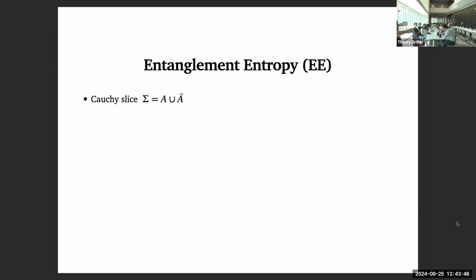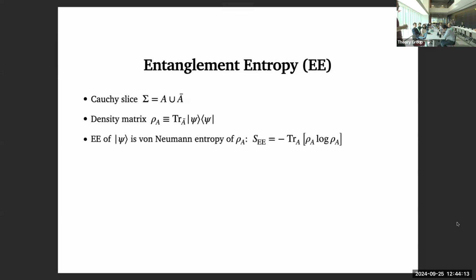You can split it into some subregion A and then some complement A bar, and then you form the density matrix for the theory on A, which is to say you forget about the complementary degrees of freedom. You trace them out, and then the entanglement entropy of your state psi on the region A is defined as the von Neumann entropy of that density matrix, the negative trace rho log rho.